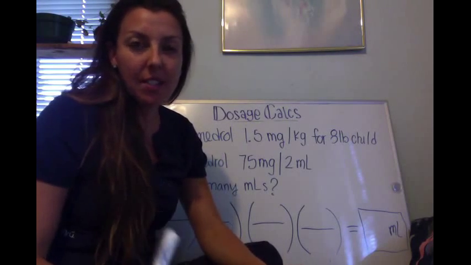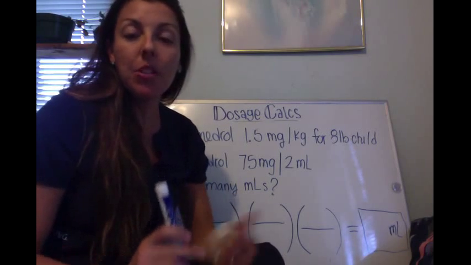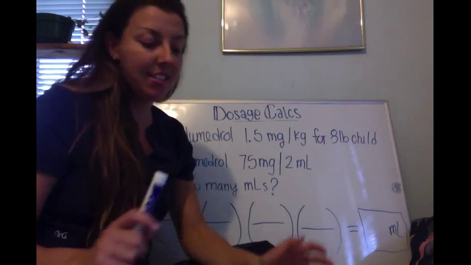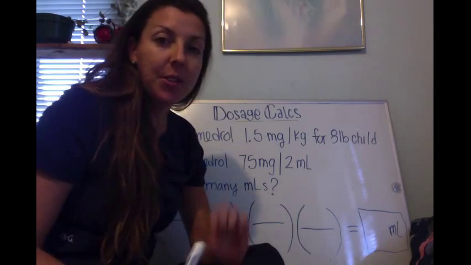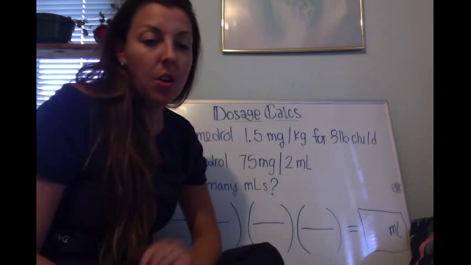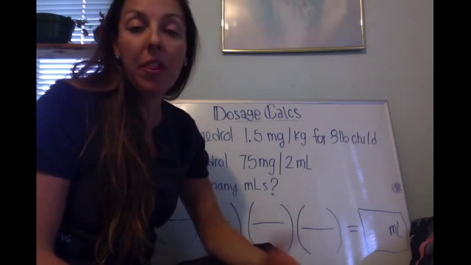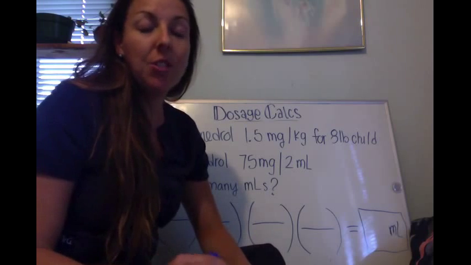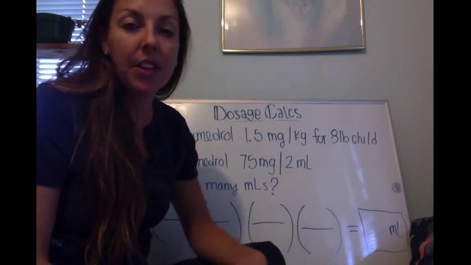So for our last and final question, we have this one here, which I think is very important, a good example of what goes down when you're at your clinicals or when you're working. So a lot of times, if you're working with the pediatric population, you'll have to do a lot of dosage calculations to make sure that it's within a safe range for that child.